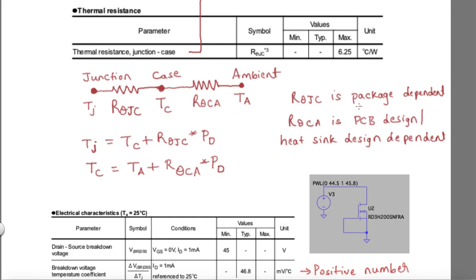R theta junction to case is package dependent and it is given in the datasheet. R theta case to ambient is PCB design or heatsink design dependent, and it is dependent upon the application implementation. The formulas to find out TJ from TC or TC from TA are these.